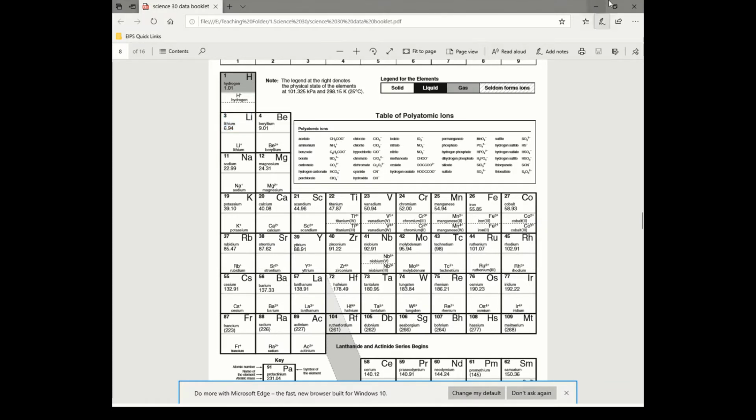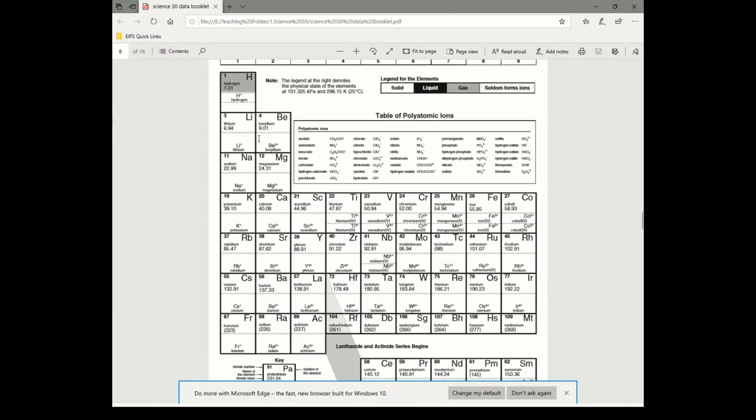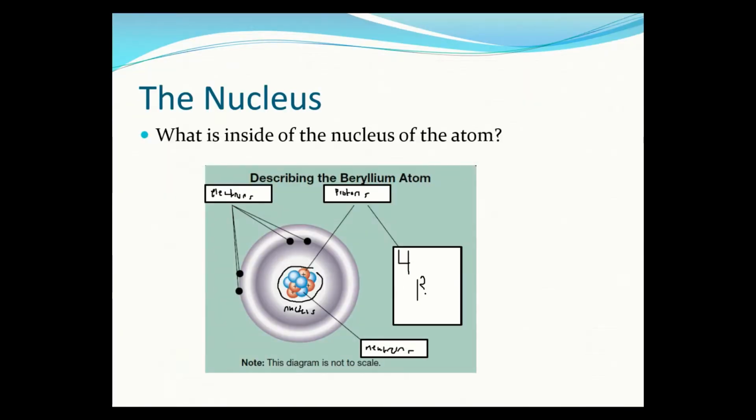That indicates the number of protons. So if we look here, we have 1, 2, 3, 4. So we have 4 protons, which is important because it tells us what the element is. The element with 4 protons is beryllium right here. So we can also add the symbol Be to this.